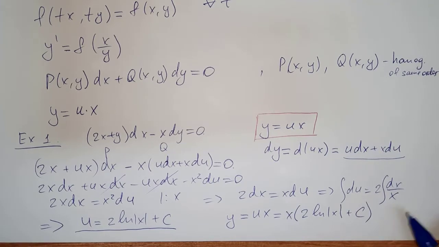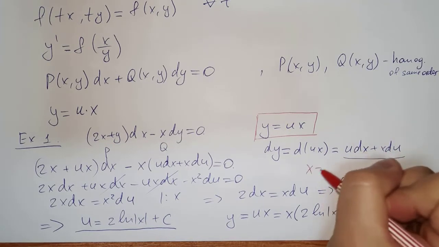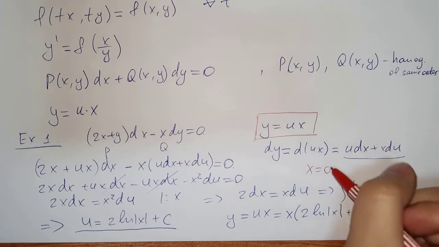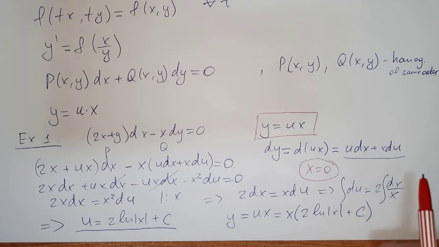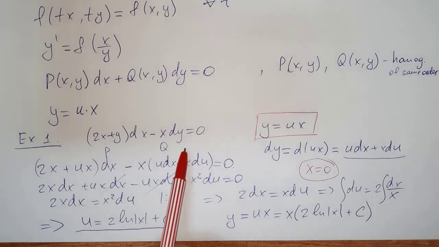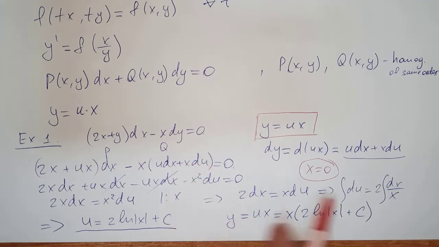And here we divided by x, and dividing by x, we could lose the solution x is 0. If we put x equals 0 here, we'll get 0, so this is a solution of the given equation, x is 0.